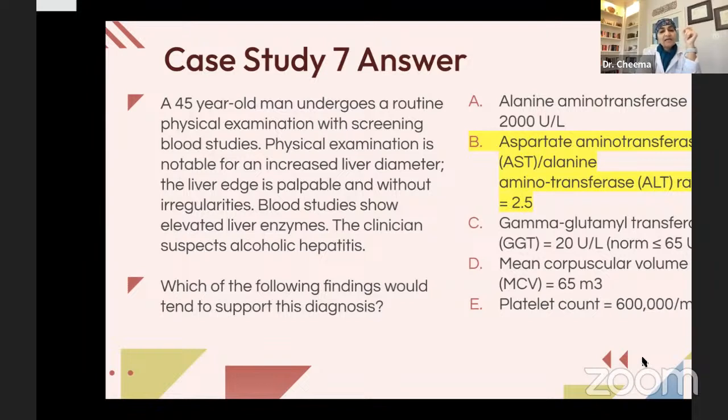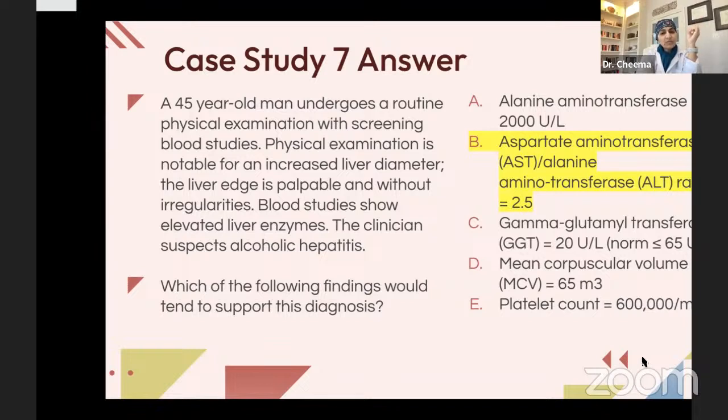And very high ALT levels are more correlated with viral hepatitis. In alcoholic hepatitis, elevation around 250 is more typical, while very high levels are more typical for viral hepatitis. And the GGT level provides another helpful clue to alcoholic hepatitis in that it is often markedly elevated in these patients; normal levels for males are less than or equal to 65, and for females less than or equal to 45.